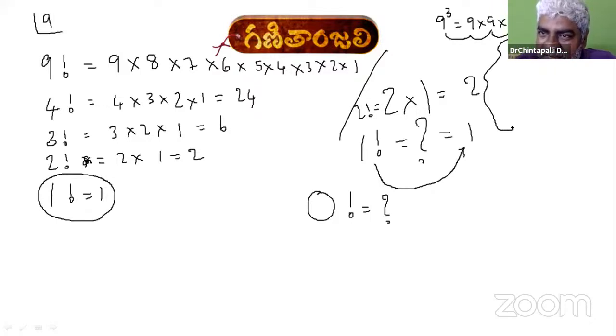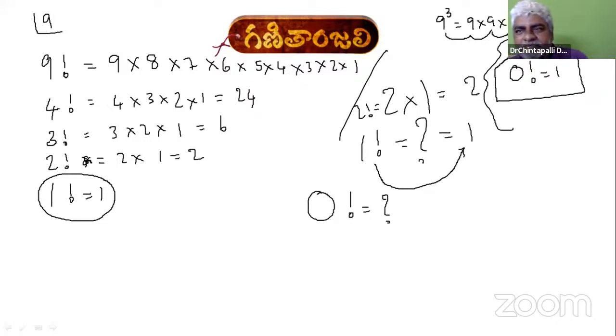Surprisingly, the value of 0 factorial is equal to 1 only. We will make a clip for this discussion. Till then let us use this concept. There is a valid reason to say why 0 factorial is equal to 1. Meanwhile, let us use that fact: 0 factorial is equal to 1.